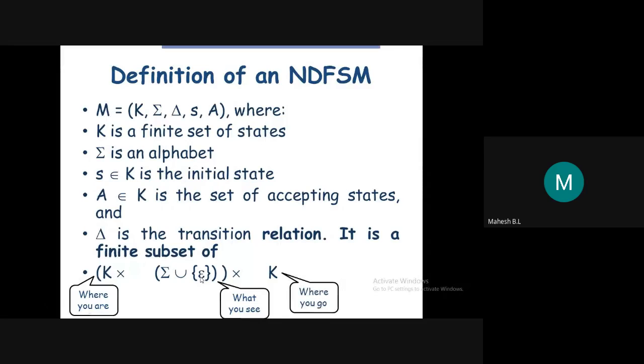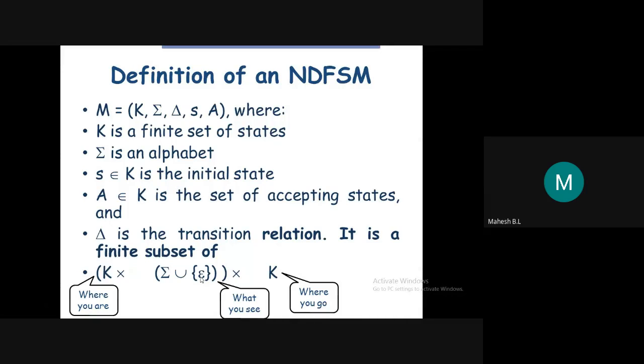This is a major difference between a DFSM and an NDFSM with respect to transition. There you have a transition function delta. Here we have a transition relation delta. The transition function is from K cross sigma to K. Here it is from K cross sigma union epsilon to K. So one epsilon is added.